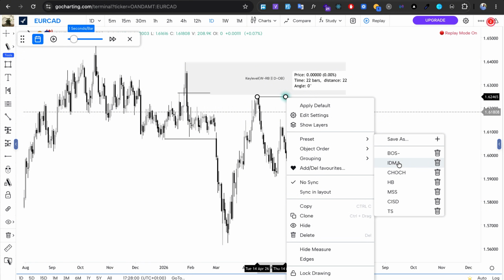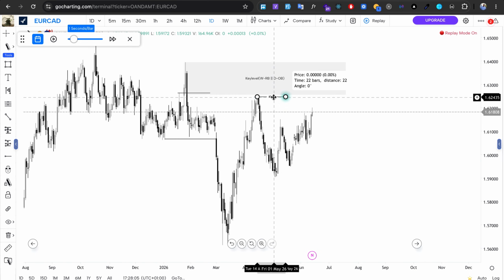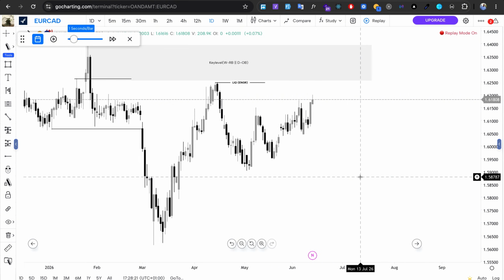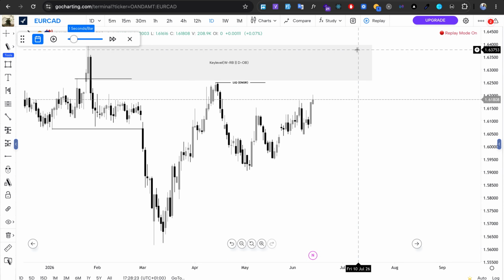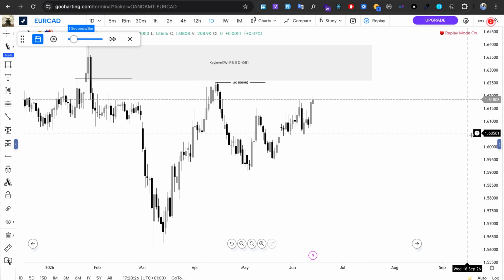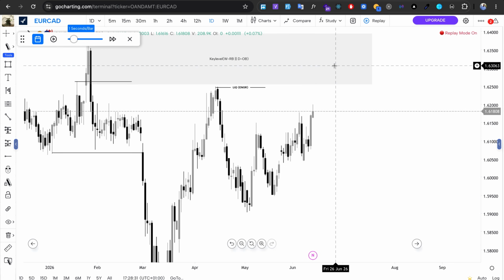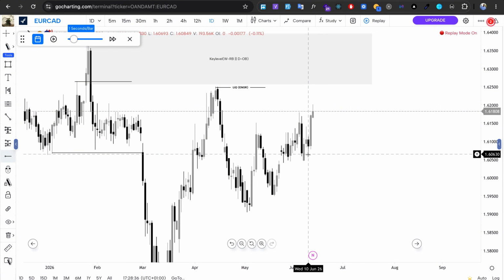It's an engineered liquidity. So we expect price to come here, take this, and give us an entry. Right, so for the target, if everything plays out, we can put our target here.